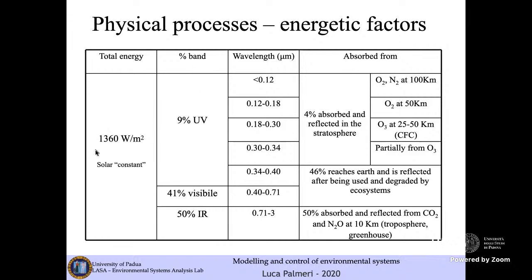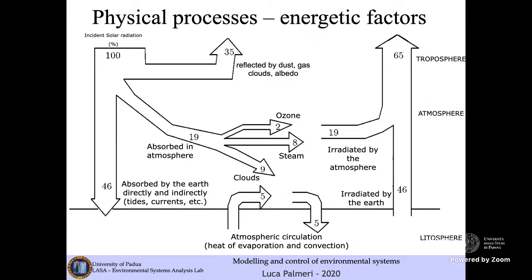41% of these 1360 watts per square meter is visible. So this is the quantity of radiation that is responsible for the photosynthesis process. Of this radiation, 46% reaches the Earth and is reflected after being used and degraded by the ecosystem. Remember this figure, 46, because we will come back to it often.